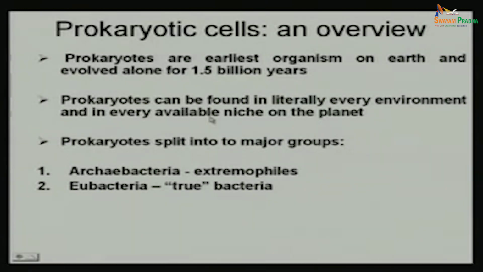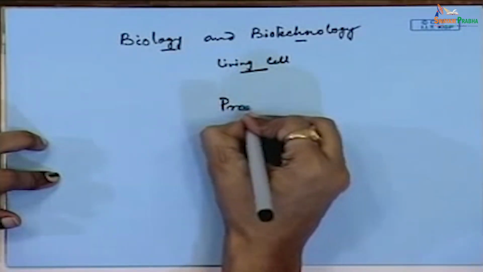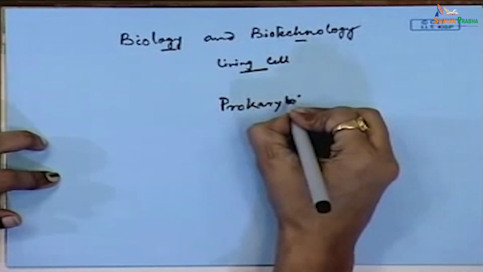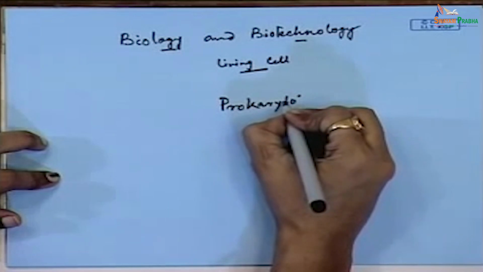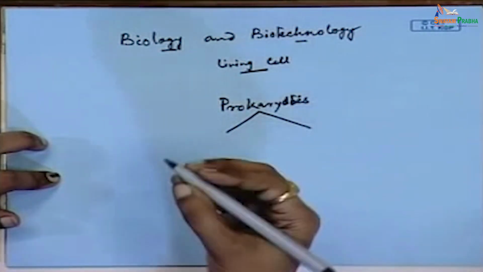Based on its different cellular organization or structure, the prokaryotes can be divided into two major groups.